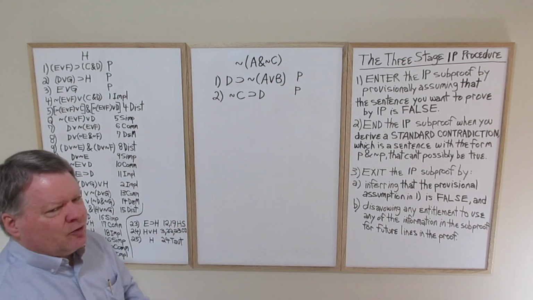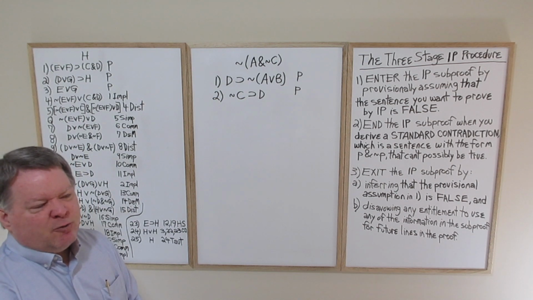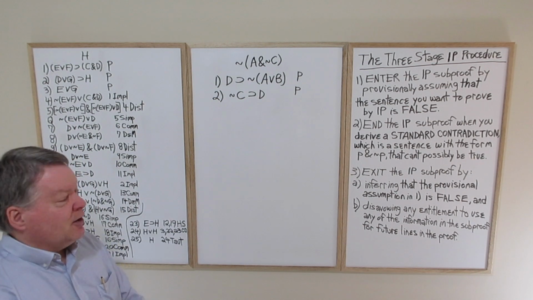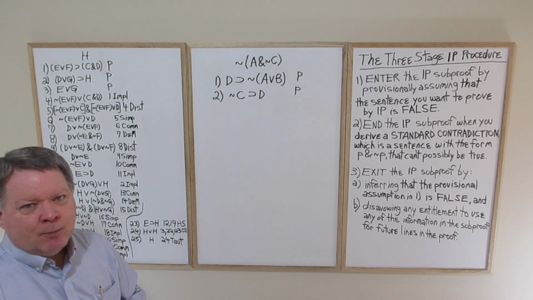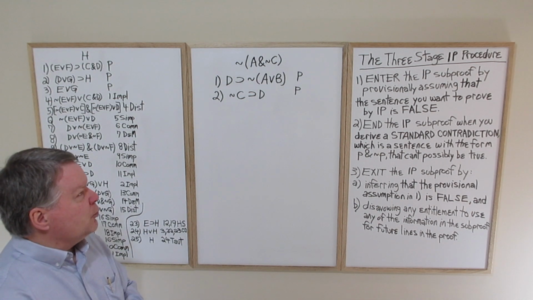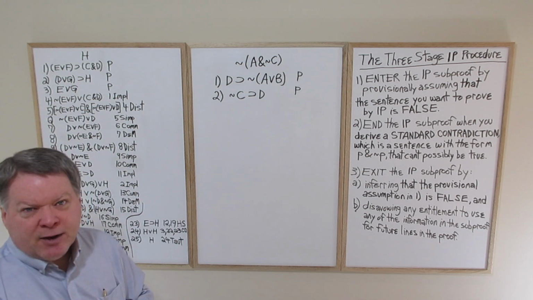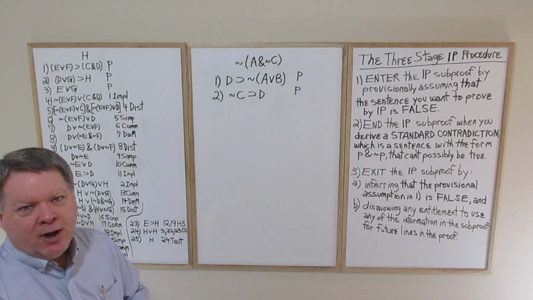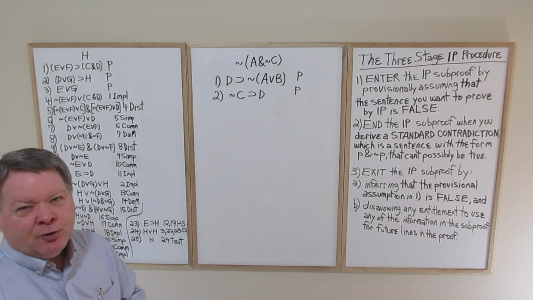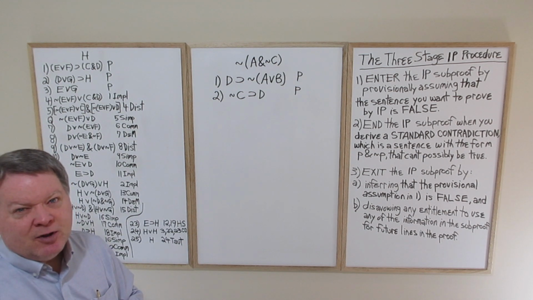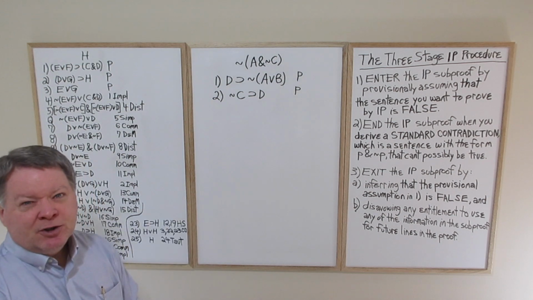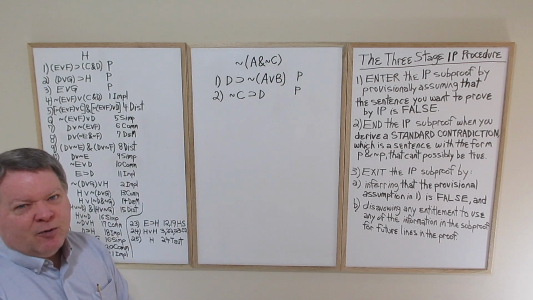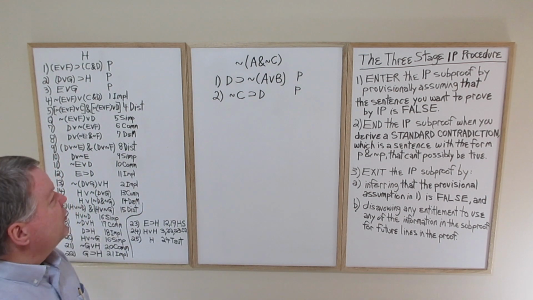The idea is, if you want to derive an unnegated sentence, as we did in the last proof, H, let's say, then in the IP subproof, you add a tilde and prove a standard contradiction in the IP subproof, and conclude that your provisional assumption without the tilde added is proven.